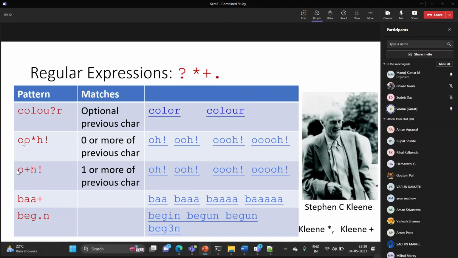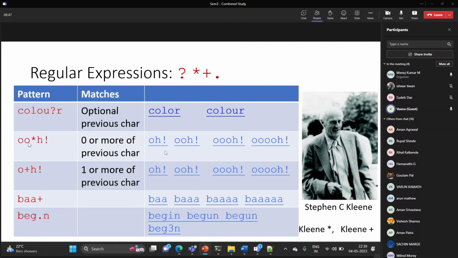The second case. So O star is the first O. In this case, the first O is mandatory. The second onwards only, they are making it 0 or more. Because here they haven't shown an example of H exclamation, right?